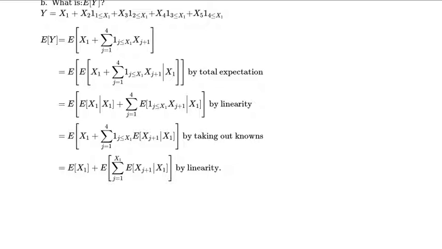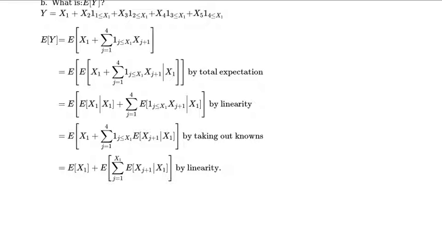And now we just use the linearity of the expectation, and so we have that the expectation of x1 plus the sum j equals 1 to 4 of the indicators times the conditional expectations is the expectation of x1 plus the expectation of the sum j going from 1, but now we stop j at x1, right?